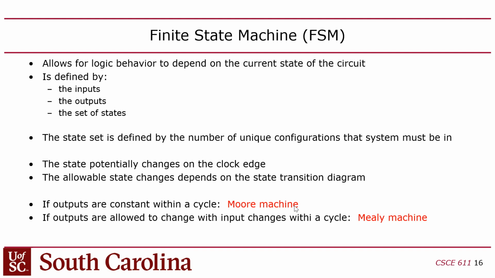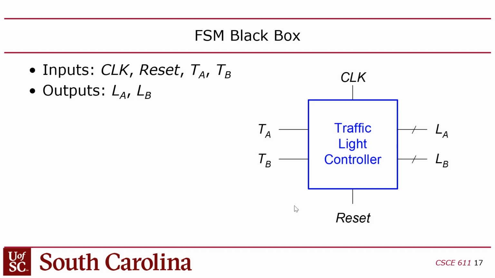A finite state machine is a way to describe that behavior. It's a sequential logic circuit, so it has inputs and outputs, but it also has a set of states which represent the modes of operation it can be in. Let me give you an example here. This is a really simple, kind of trivial example from the textbook. It's a traffic light controller.